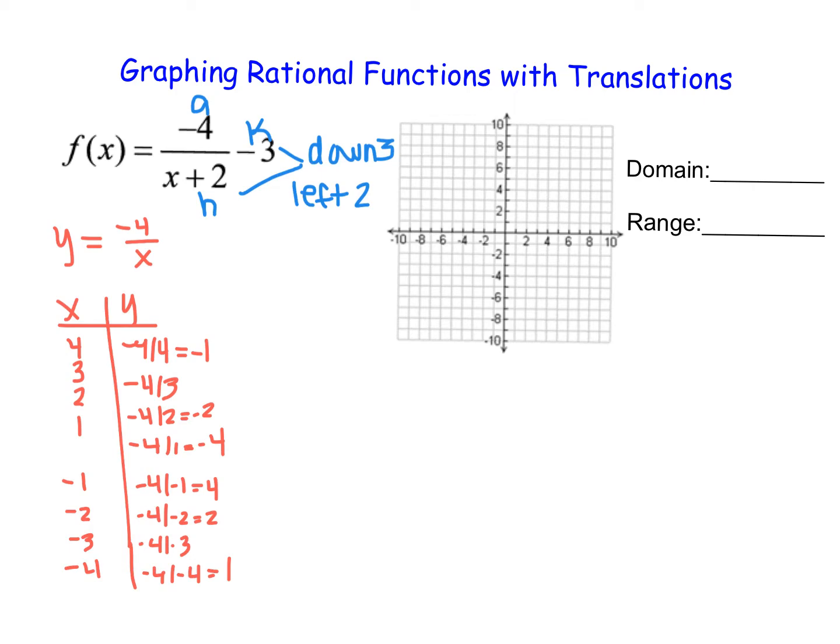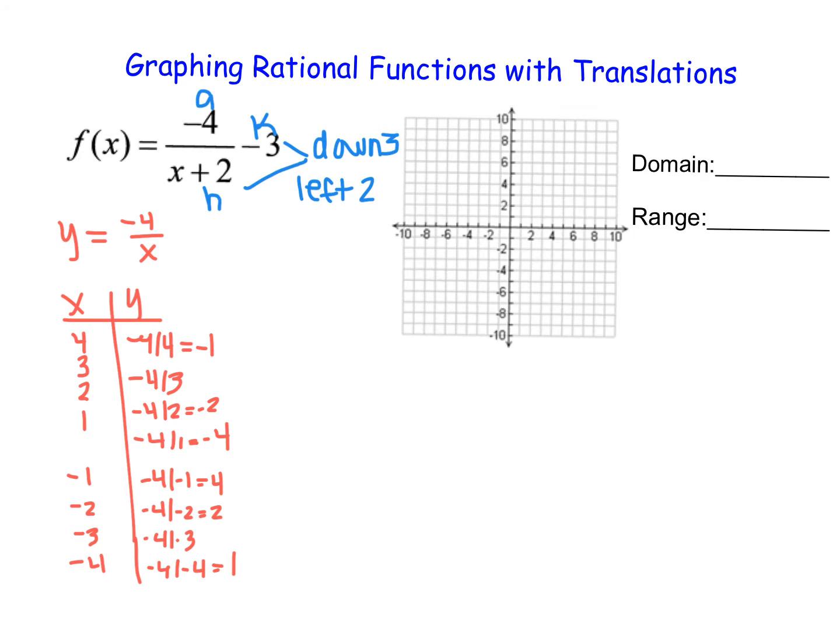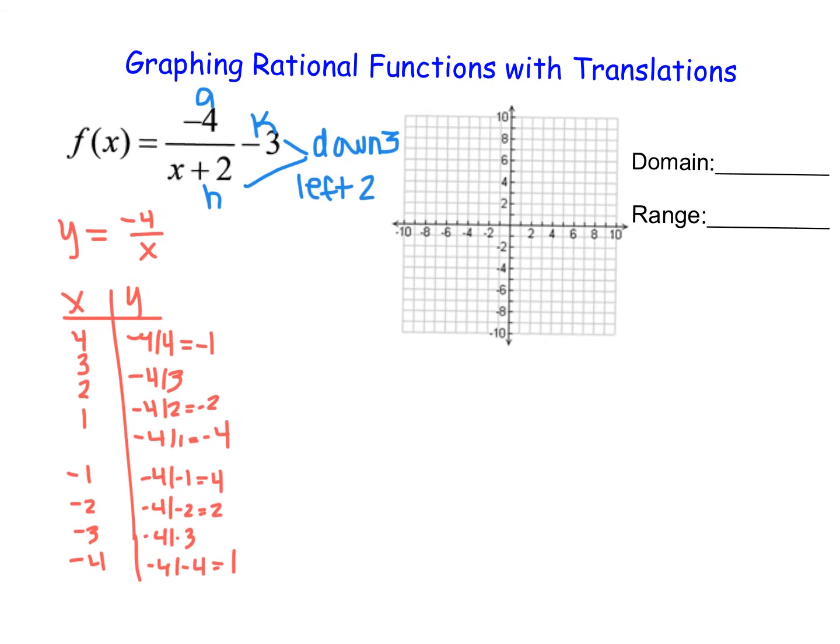Now from here, I'm going to do two things as I translate this function. One is I'm going to draw my asymptotes correctly onto my coordinate plane. Normally my asymptotes are at 0 and 0, but they're going to move now. This one is going to move down 3: 1, 2, 3.